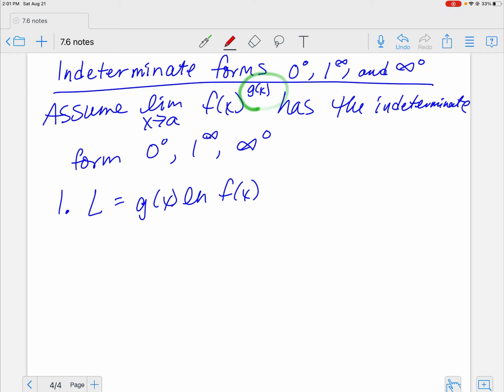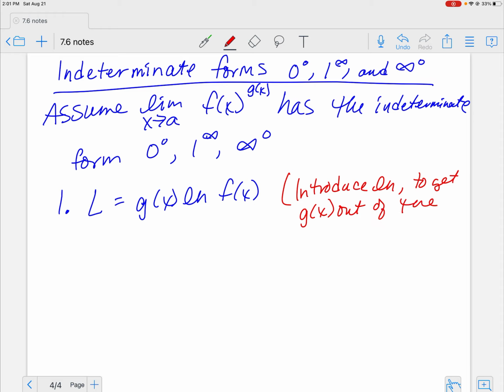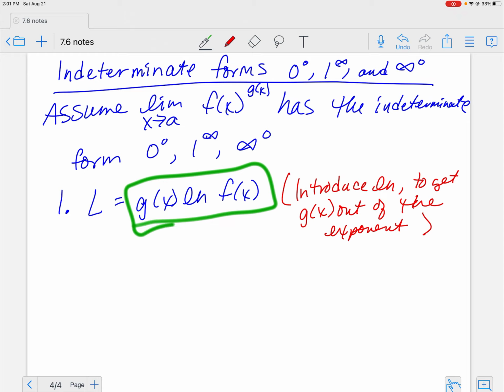So we introduce natural log to get g of x out of the exponent. Okay, so we use logarithmic properties, and because we're using logarithmic properties, I now have this L. So L is equal to this new thing whenever I use my logarithmic properties.